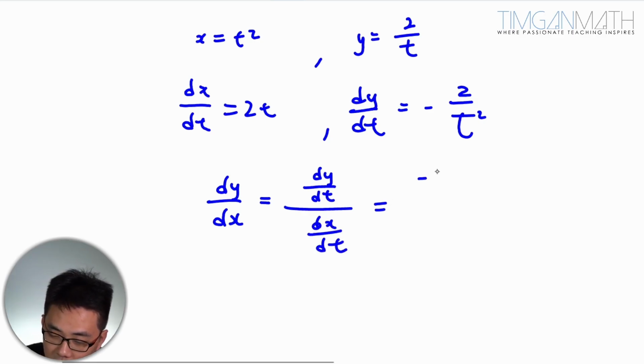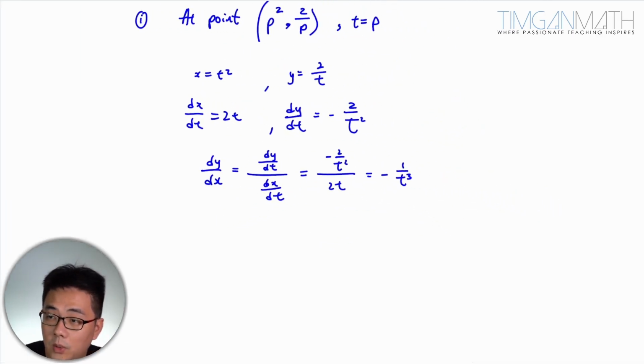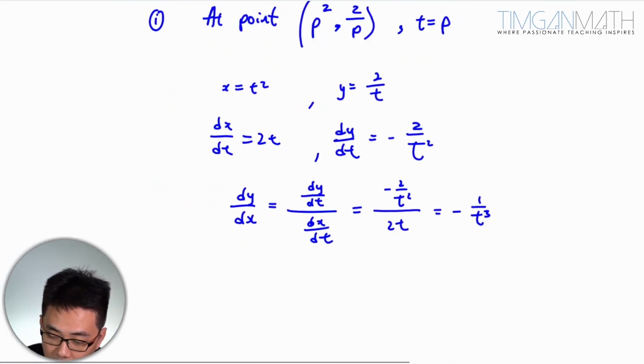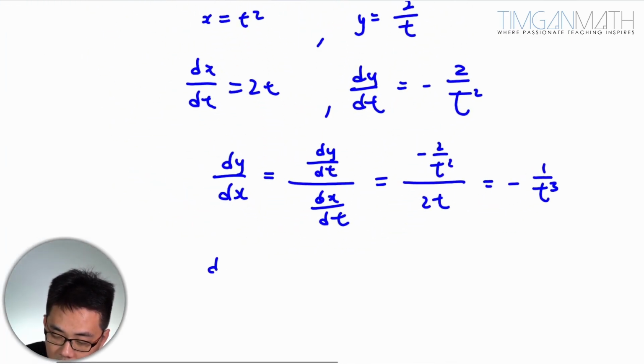This will be negative 2 over t squared, over 2t, which is negative 1 over t cubed. So the gradient at t equals p is negative 1 over p cubed.